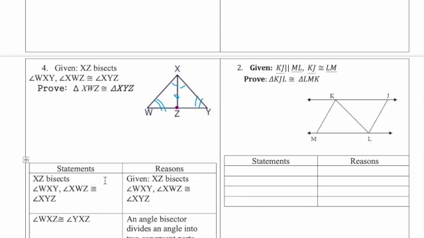So we have the angle given, this angle now that we know, and we know XZ is congruent to XZ because that is reflexive property.